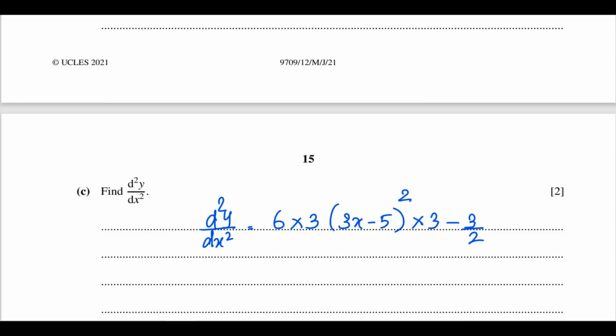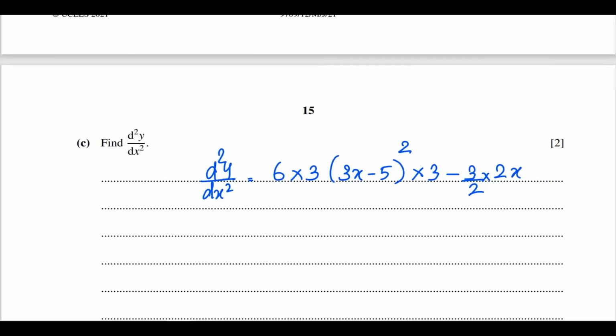So x squared will become 2x. 54 multiplied by (3x − 5) the whole square minus 3x.